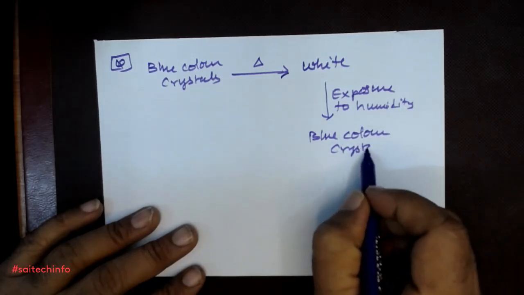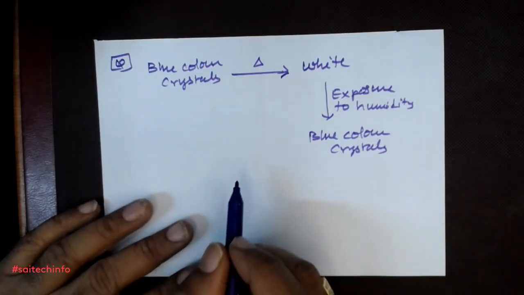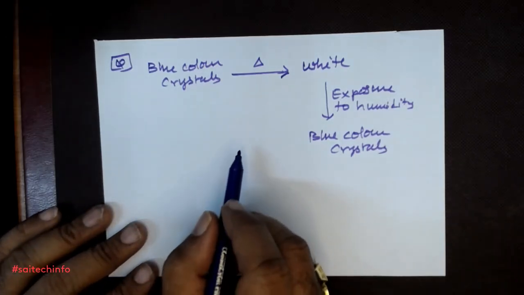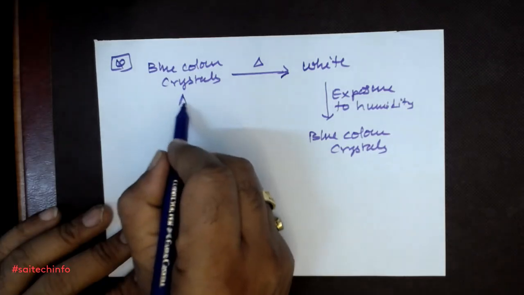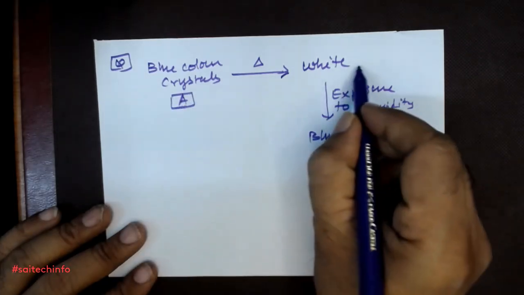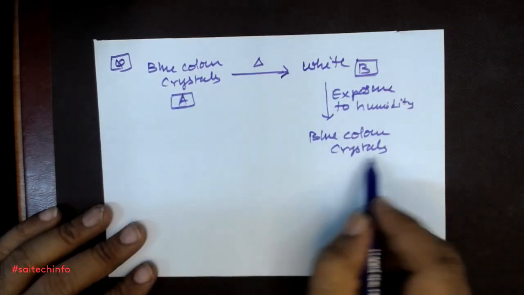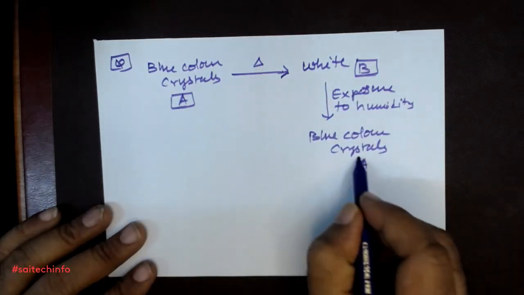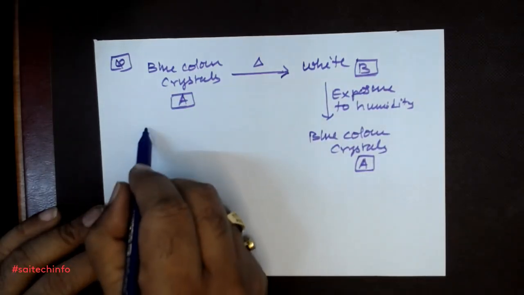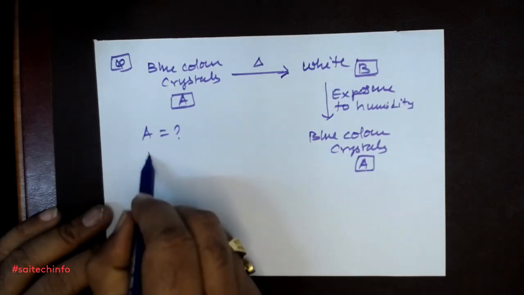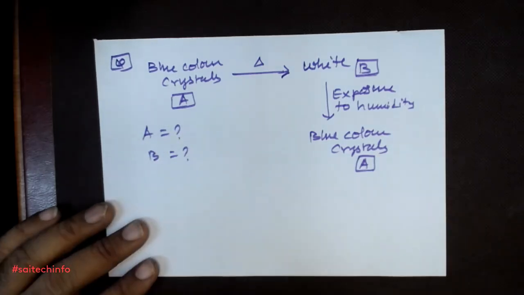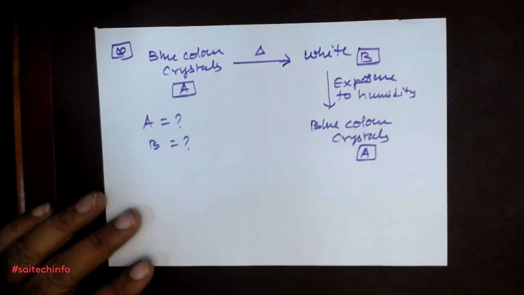You are able to get blue color crystal again. So let me consider the compound A. This is compound B. And again it regains, that is A. So what is A? What is B? Explain the phenomenon. So this is the question.